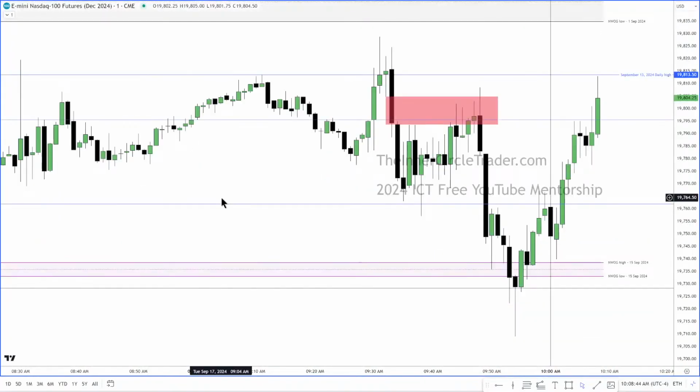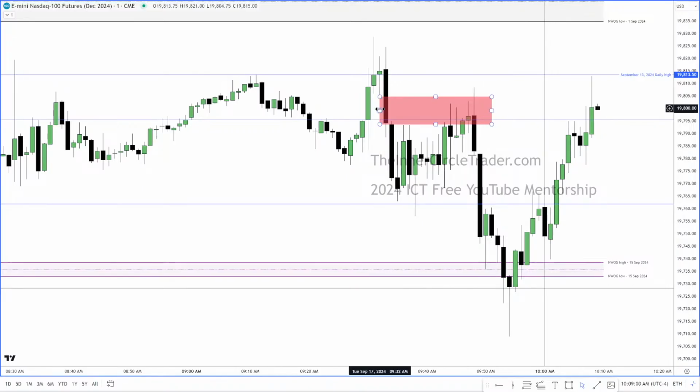See it? Now, by comparison, this looks a whole lot more animated, doesn't it? And when there's wicks, I'm looking at the bodies because that's where the bulk of the volume is.